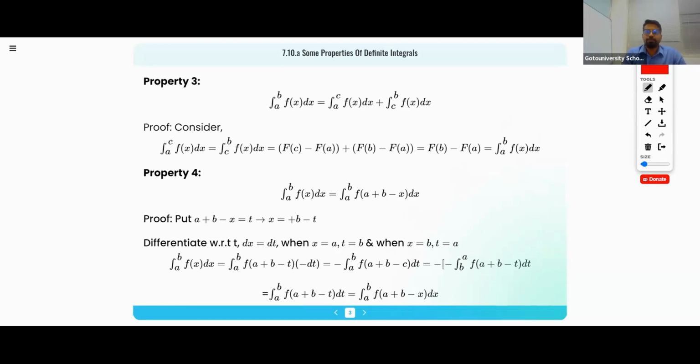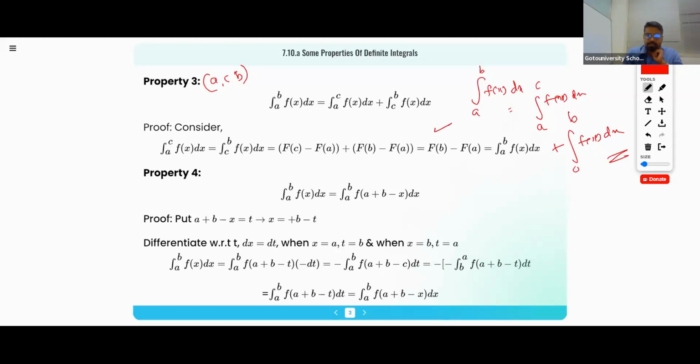If you have a limit, say a to b of f of x, and between a and b there is another number c, such that the function is continuous in these places, then we can split this as the integral from a to c of f of x dx plus the integral from c to b of f of x dx. These are all going to be useful for us in solving definite integrals. So if there is a number between them.